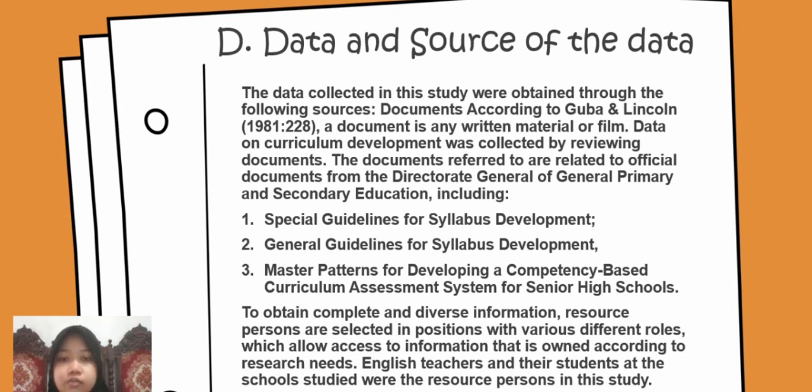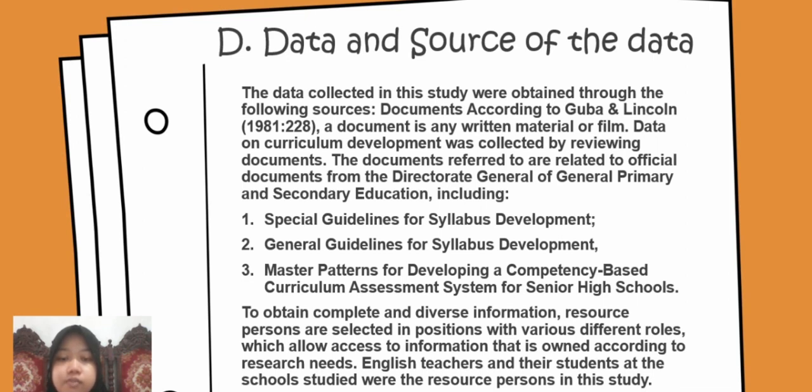Data on curriculum development was collected by reviewing documents. The documents referred to are official documents from the Directorate General of Primary and Secondary Education, including the first, special guideline for syllabus development, the second, general guideline for syllabus development, and the last, master pattern for developing a competency-based curriculum assessment system for senior high school.